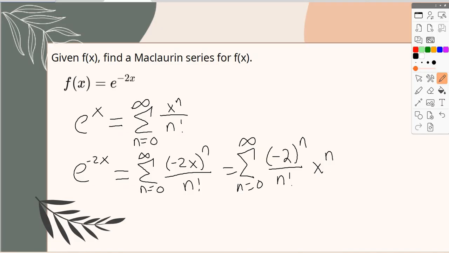Yes, no, maybe? Because now this is centered at 0, so that's why I just have an x, and then this thing is acting as my a sub n.